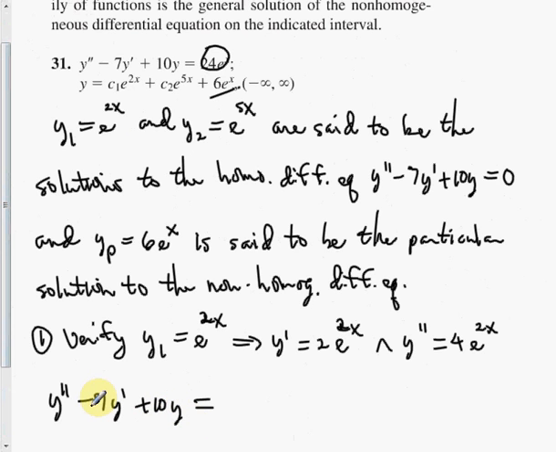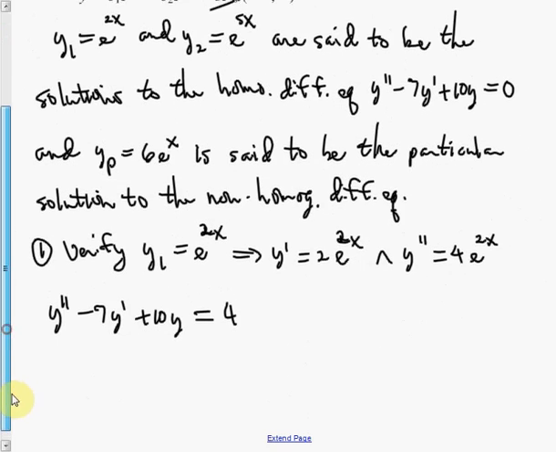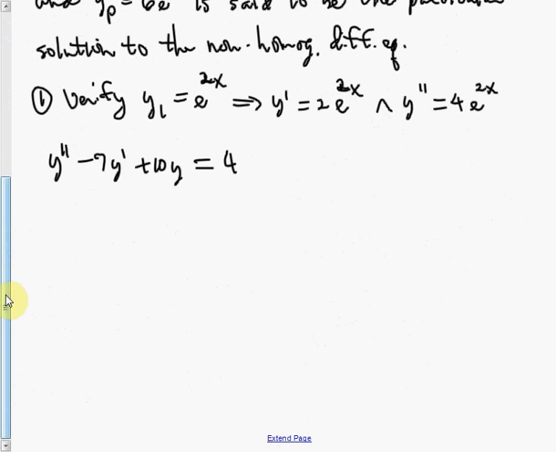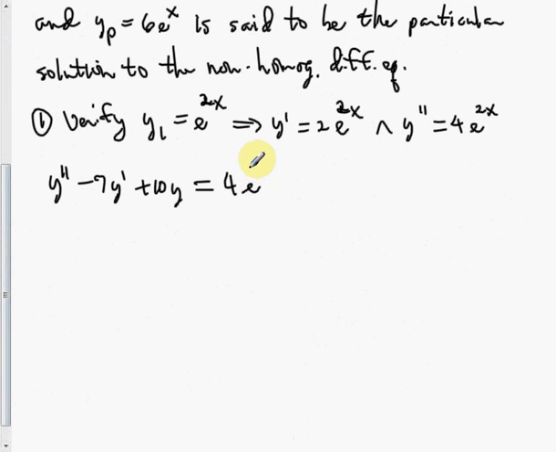So here I get y double prime, that's 4 times e to the 2x minus 7 times y prime, that's 2 times e to the 2x, minus 10 times y.